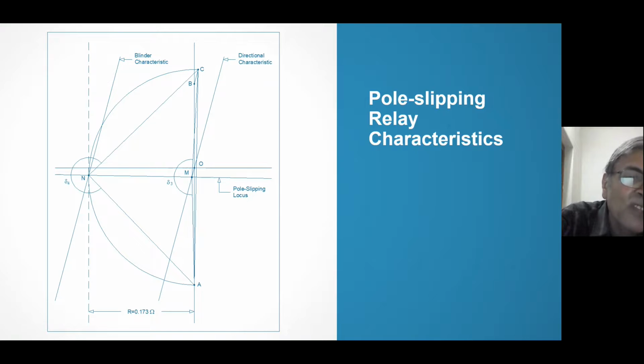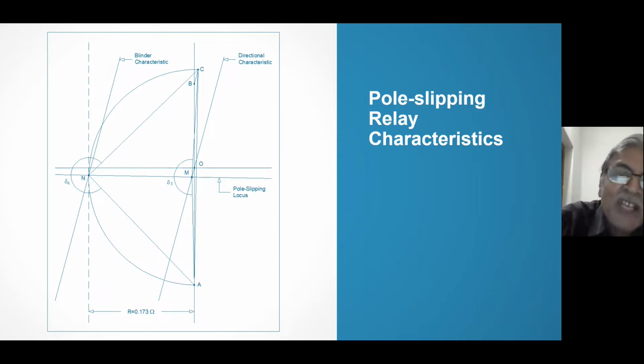So how is 0.173 calculated? As I told you, AC, the perpendicular bisector of AC, is the pole slipping locus, and we can slip up to 270 degrees. Delta 4 is 270 degrees. How do we find the 270 degrees? That is our point. So the pole slipping locus you can draw on both sides, right?